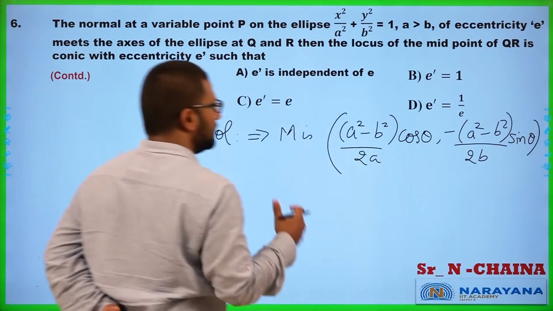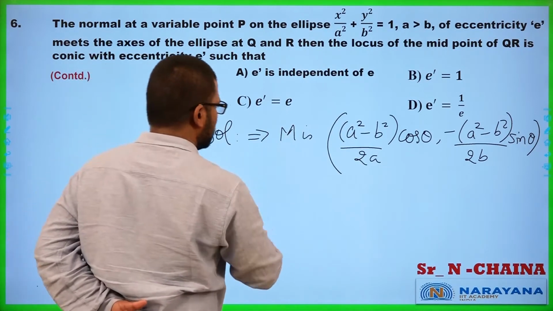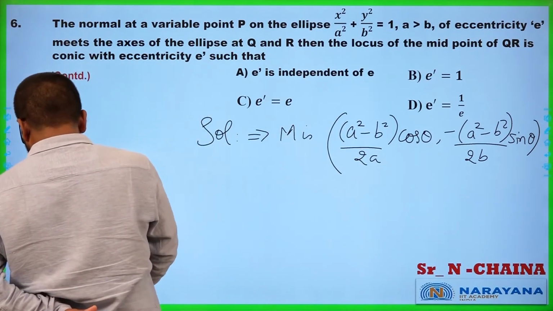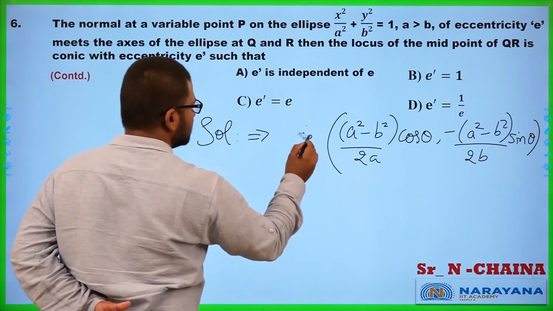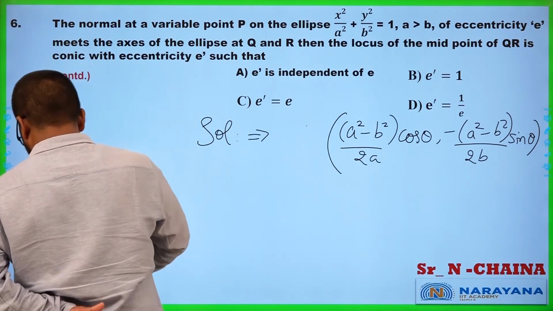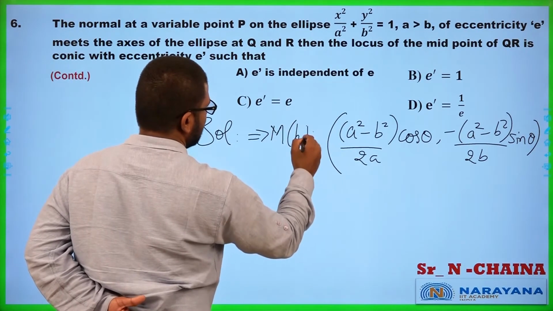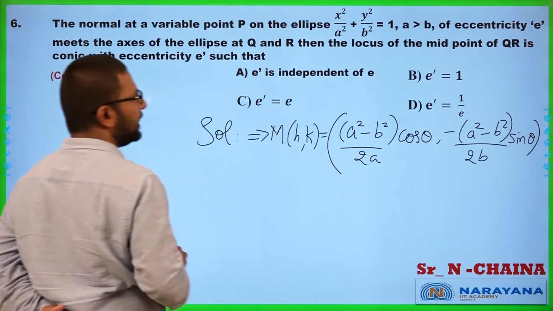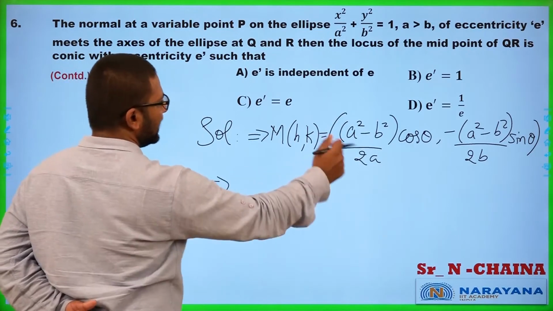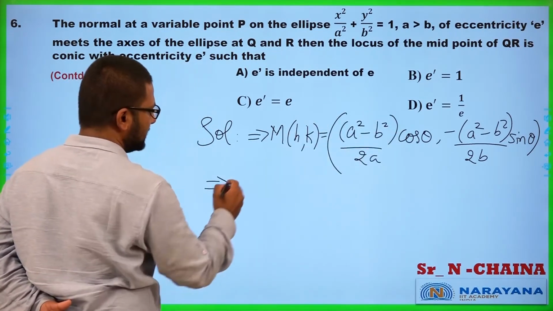This is M, and we know this point is h comma k, right? We have already written that. So M is h comma k, correct? Which means I know this is h, this is k. Can we directly write cos theta and sin theta?